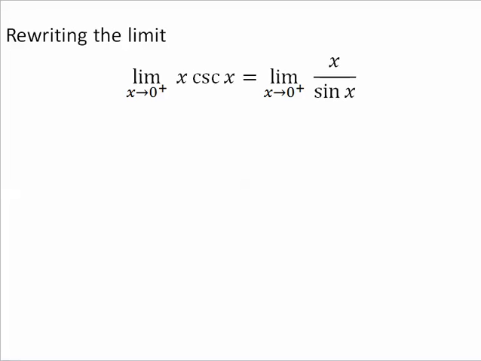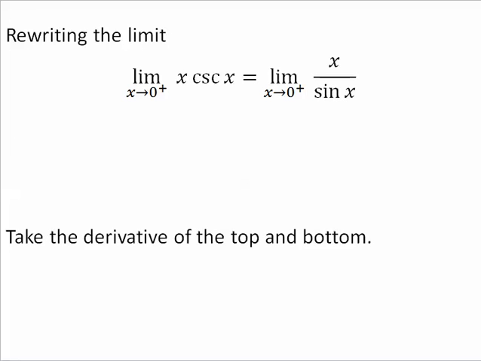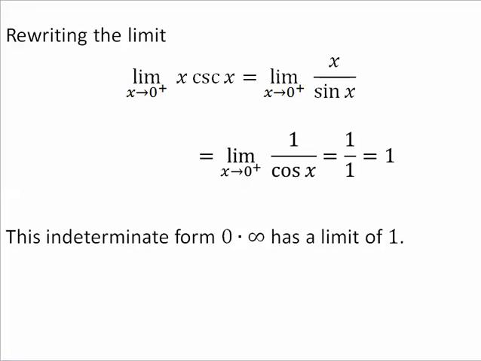If I rewrite x cosecant x as x over sine x, then I have a quotient where both the numerator and the denominator are going to 0. So we have the form 0 over 0 allowed by L'Hopital's rule, and we take the derivative of the top and the bottom, and we evaluate the limit directly. So this indeterminate form, 0 times infinity, has a limit of 1.